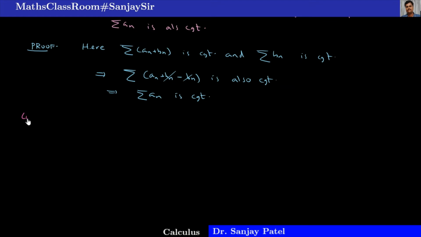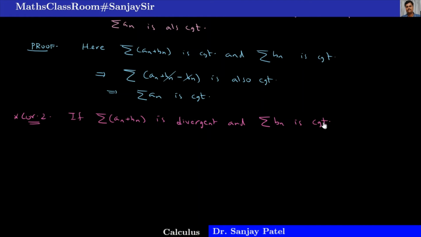Say corollary number 2 is this. If sigma an plus or minus bn, let me write only for the plus sign. If sigma an plus bn is divergent, and say one of the series, either an or bn, is convergent, and sigma, say bn, is convergent.